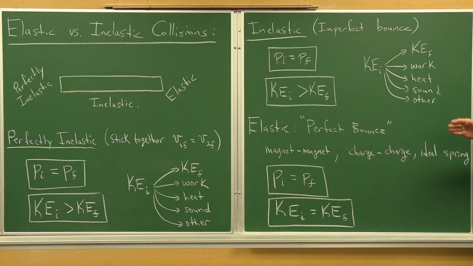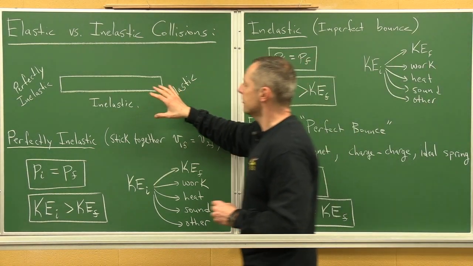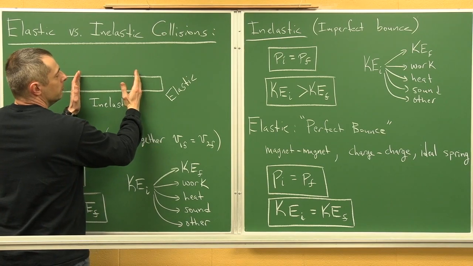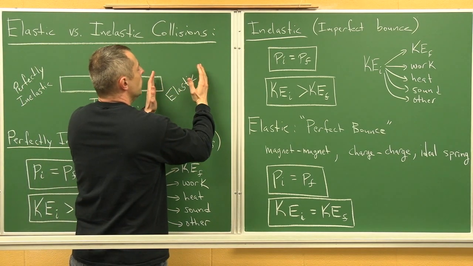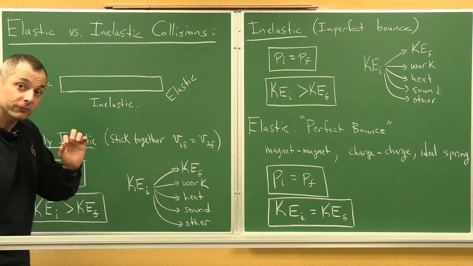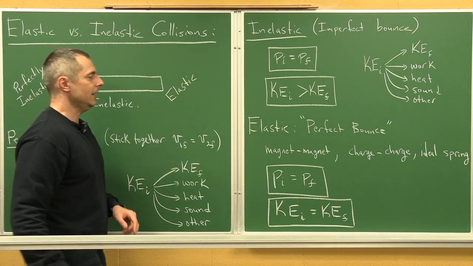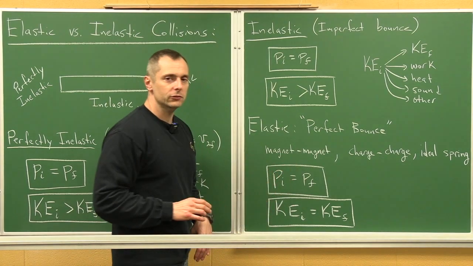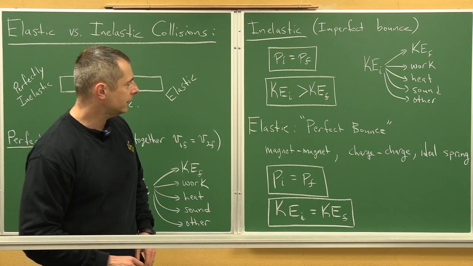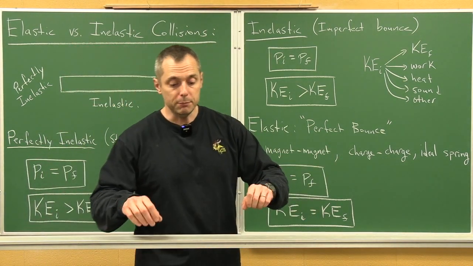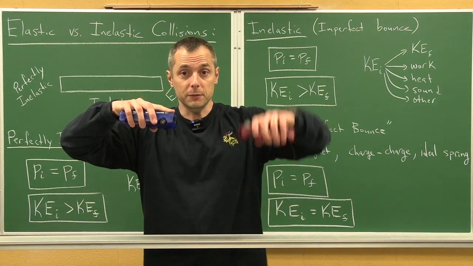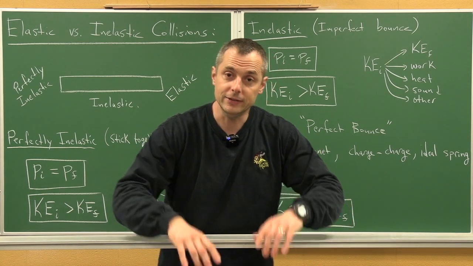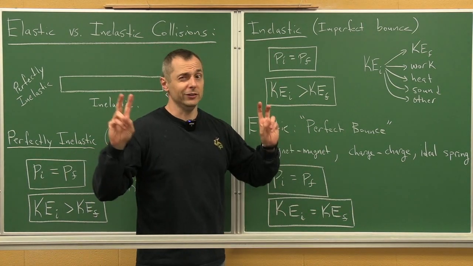And finally, at the furthest extreme over here, so this is no bounce, a bounce that's not perfectly efficient, and then a 100% efficient, perfect bounce, elastic. And that is achieved either through magnet-magnet collisions, where there's actually no physical contact, or charge-charge. Maybe I put a bunch of electrons here and a bunch of electrons and they repel each other. Same kind of idea. Or we have what's called an ideal spring.